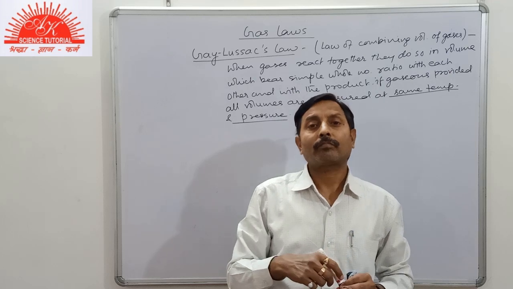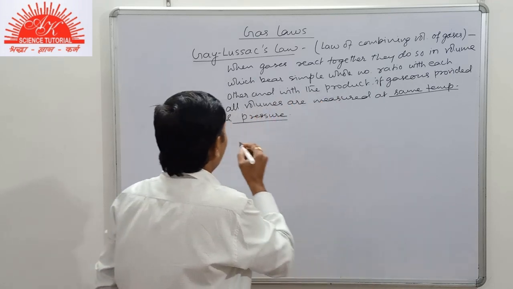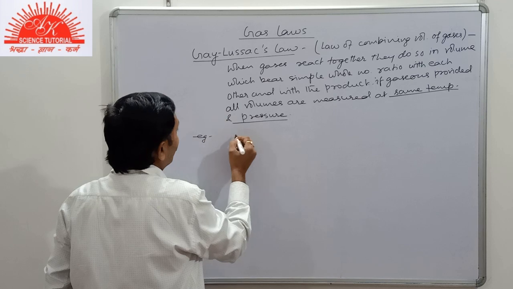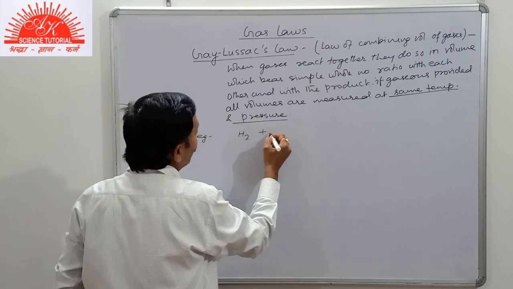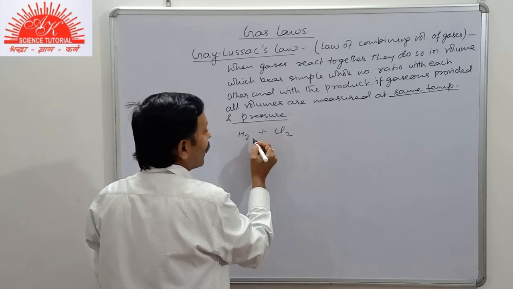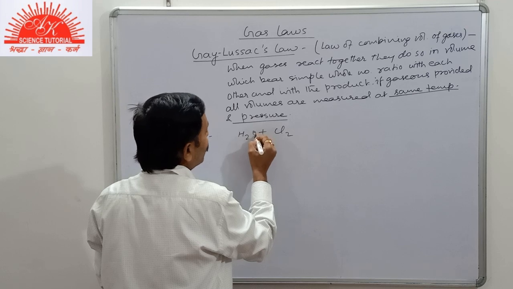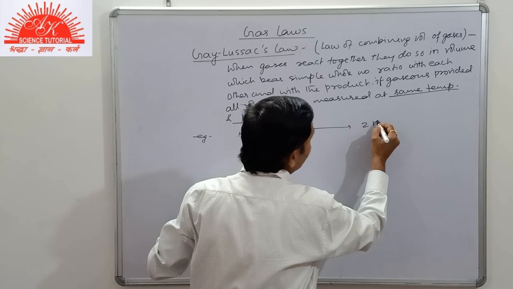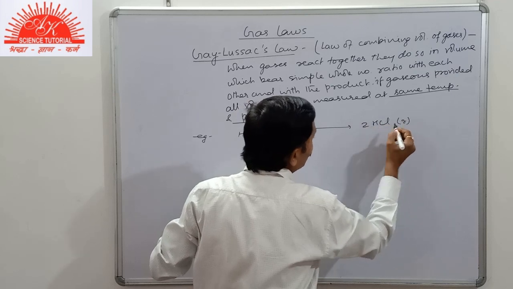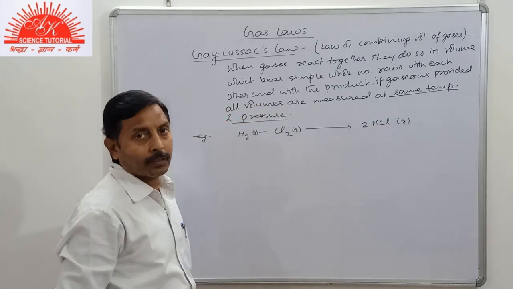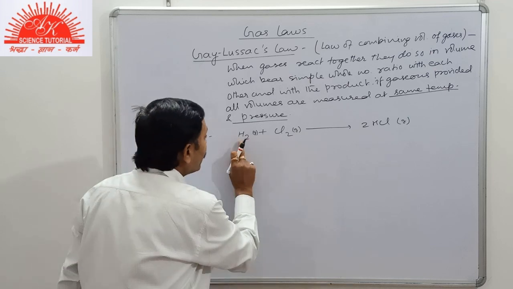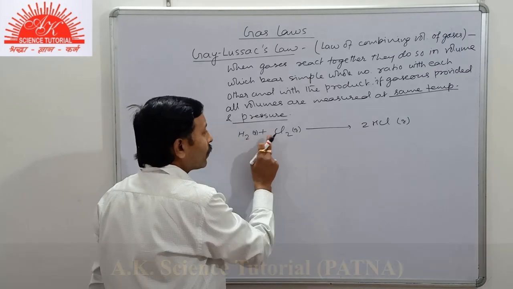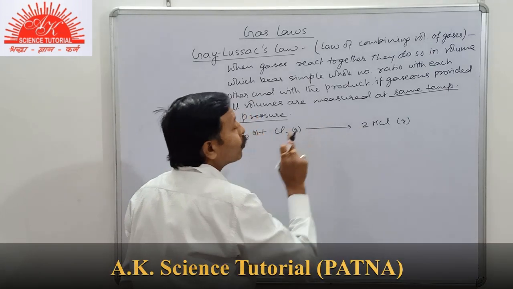Suppose we take an example: H2 plus Cl2. Now they are gases, so suppose we just write gas here. The product is 2HCl. Suppose this time it is also gas. Now here there is one molecule and one molecule, giving two molecules.